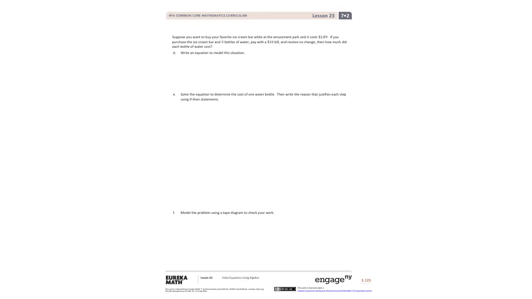So first of all, we know that we are paying for an ice cream bar. We're only paying for one, and the ice cream bar is $2.89. Then we are buying 3 bottles of water, and we can use W to represent the cost of 1 water bottle.